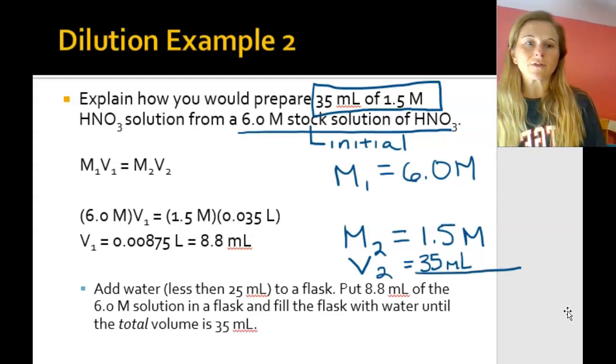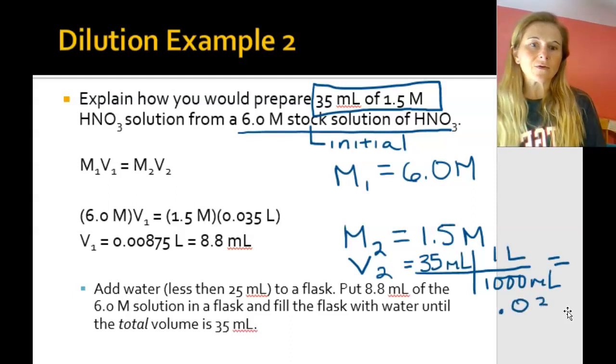So we want to convert this to liters by dividing by 1,000 milliliters in 1 liter. That means our V2 is going to be 0.035 liters. And what we're trying to figure out is our V1.